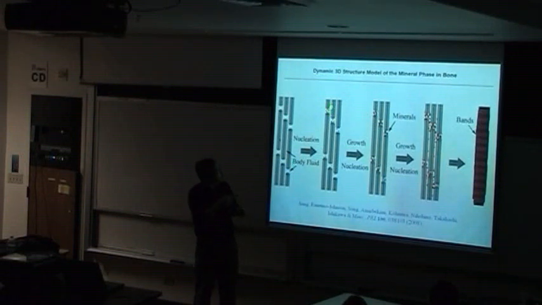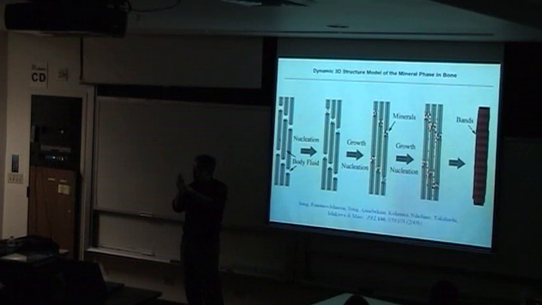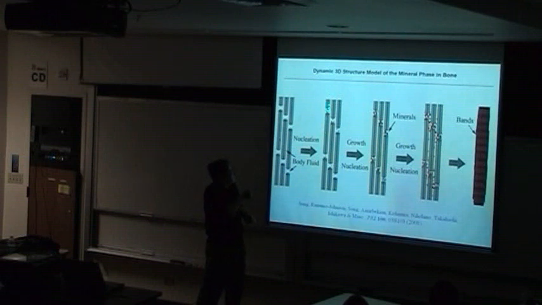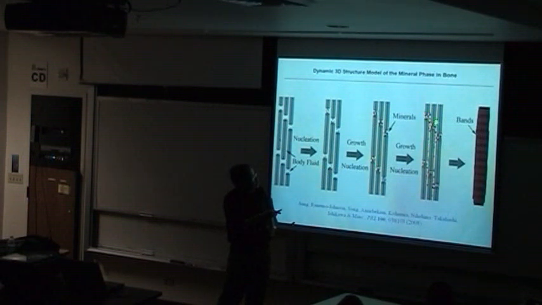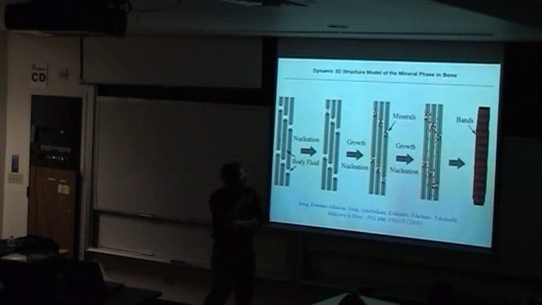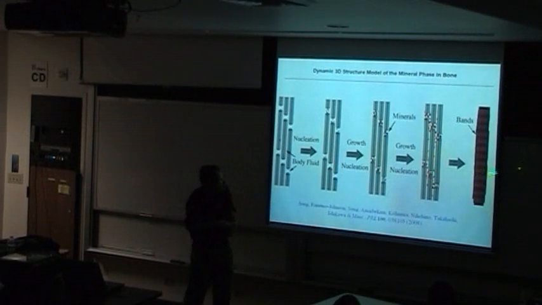People have measured the crystal size: typically about 30 by 30 by 2 to 5 nanometers, very thin. The c-axis, the long axis of the crystal, is along this direction, and they grow more and more. Eventually they fill up all the holes and the space between the collagen molecules.